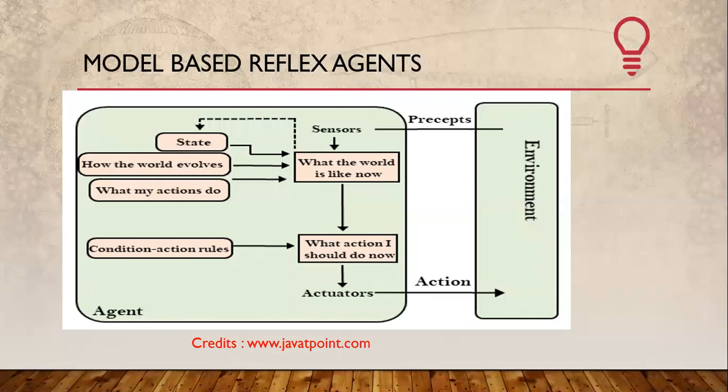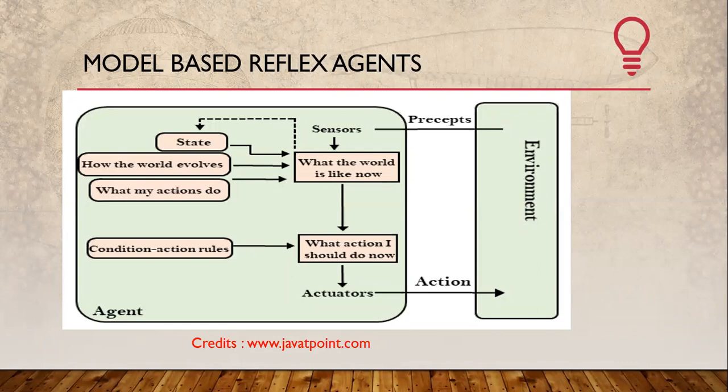It has a history of percepts, and a history of what actions were taken by it in those percepts, and that's why it becomes easy for these agents to update their state and then pass this state, or the modified input, to the condition action rules, which in a very simplified manner will tell, if this is the condition, please take this action. Then these actions are given by the model based agent back to the environment. So students, this is how model based reflex agents work.